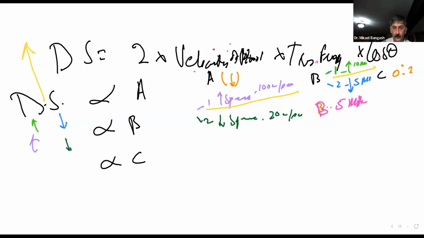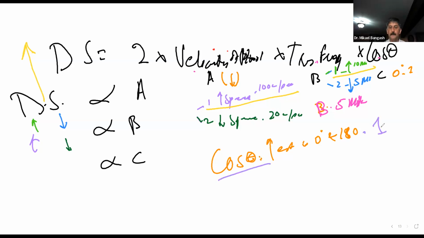As far as cosine theta values of angles go, the highest is for a 0-degree angle and a 180-degree angle, where the cosine theta value is 1.